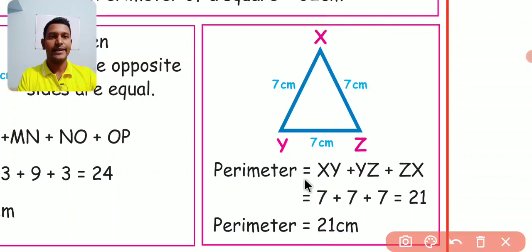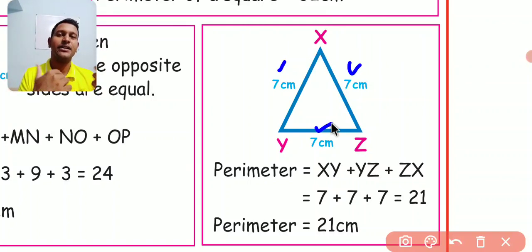Next, here we have a triangle. This is an equilateral triangle, therefore all the sides are equal in length, 7 centimeter, 7 centimeter, 7 centimeter. Only in equilateral triangles are all the sides equal. So what is the perimeter?